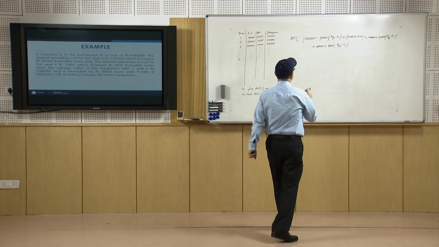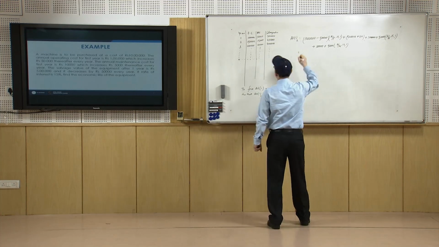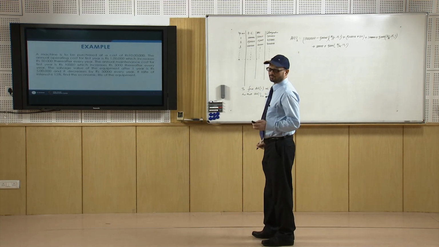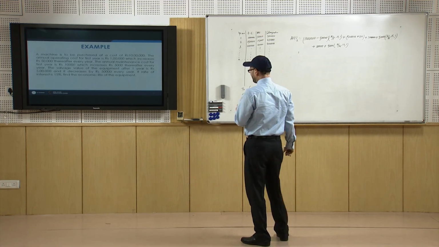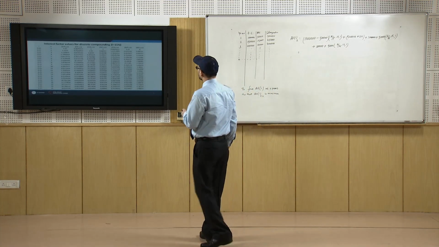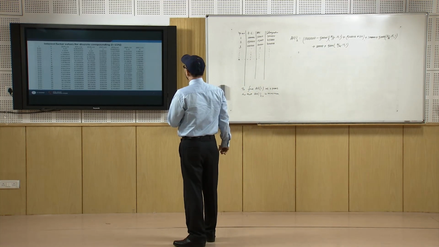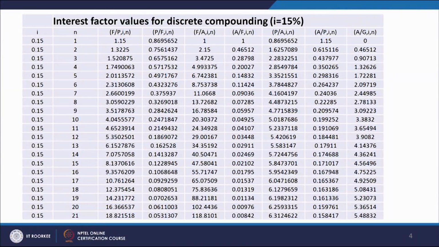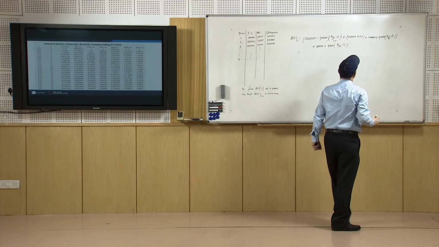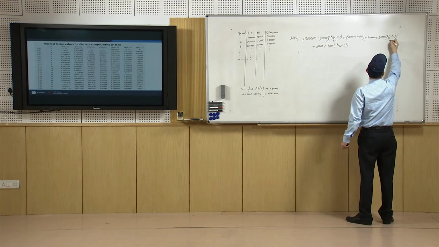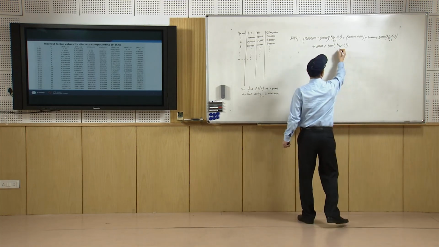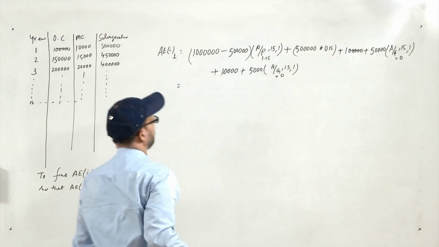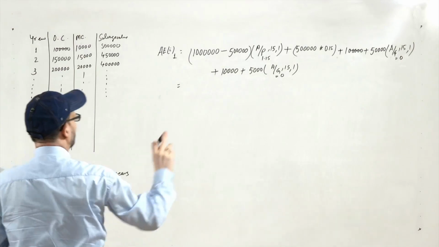Now, to find it, we have to refer to the interest table of 15%, A by P 15.1. So, A by P 15.1 is 1.15. And A by G 15.1 will be 0, since this is the first year.